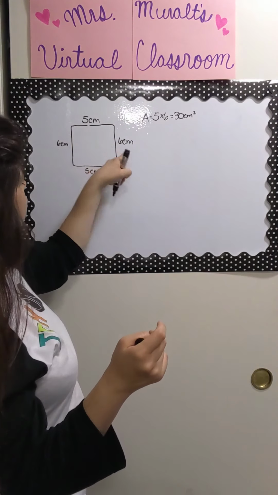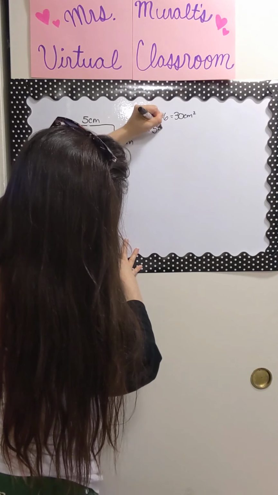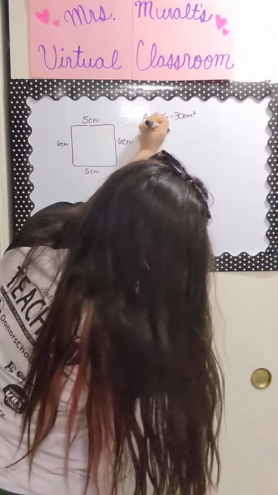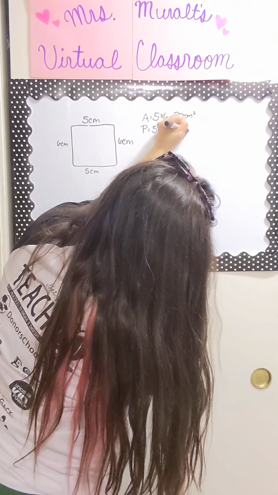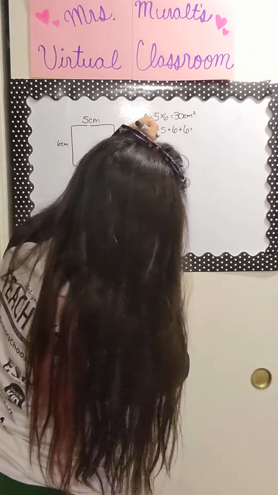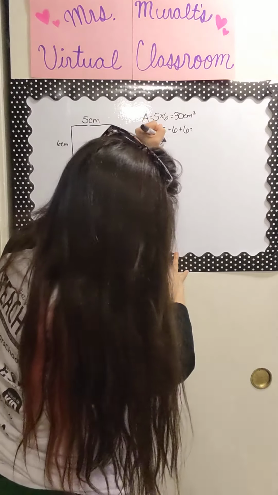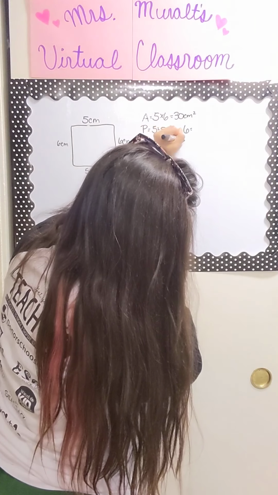Now, if I want to find the perimeter, I count my sides. 1, 2, 3, 4, which means I need to add 4 numbers together. 5 plus 5 plus 6 equals. Right away I see a 10. And I know 6 plus 6 is 12. So that's going to make that easier as well.